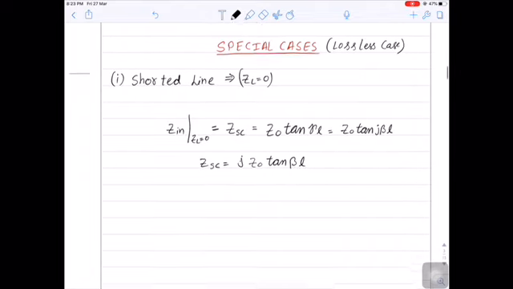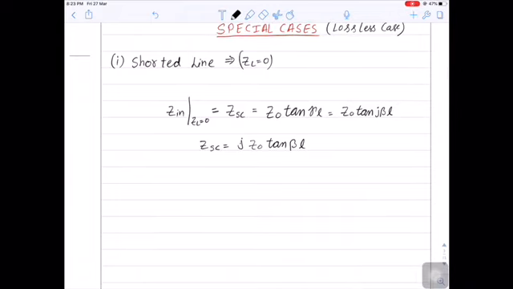Let us see what happens to the reflection coefficient if you terminate the transmission line with a short circuit connection.